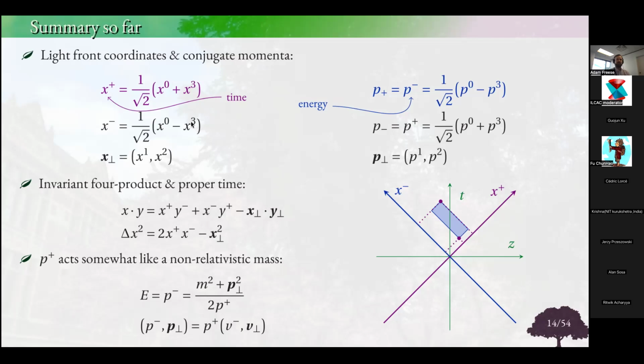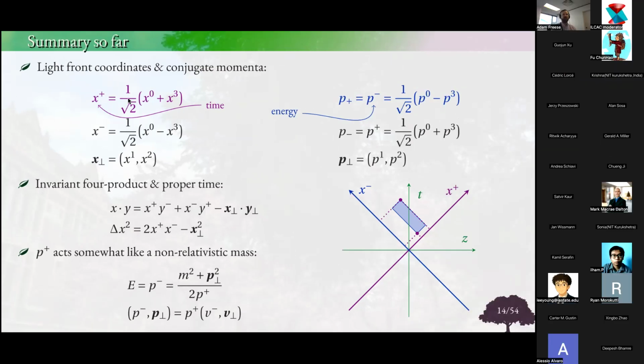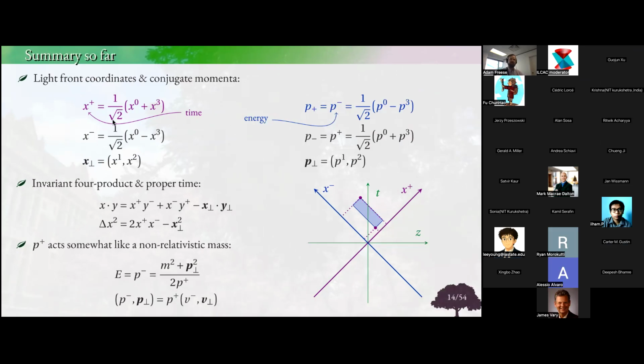Where conventions differ, these sums or differences might be multiplied by a factor of either 1/2 or 1 over the square root of 2. And I'm using a convention with 1 over the square root of 2 because that just makes a lot of the algebra work out very nicely. You end up having very similar looking inversion formulas, for instance. The metric tensor is a lot nicer.